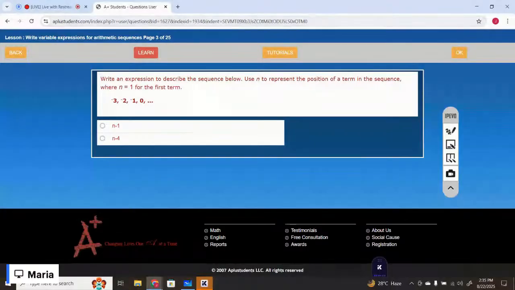Write an expression to describe the sequence below: negative 3, negative 2, negative 1, 0.